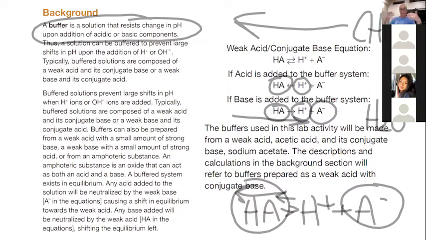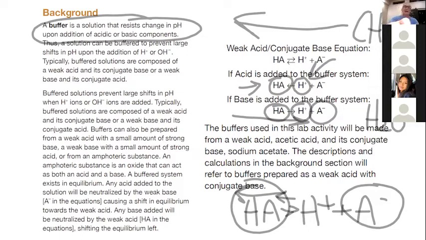So no matter what you add, the equilibrium of having the weak acid and the conjugate base will push the reaction in one direction or the other direction. And what it does, as I mentioned here, it takes a strong acid and converts it into a weak one, HA.